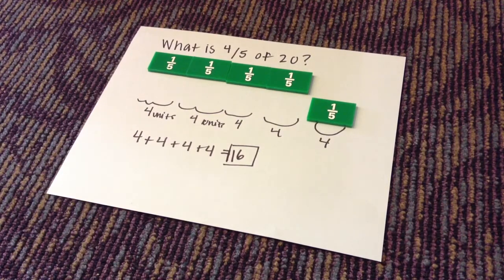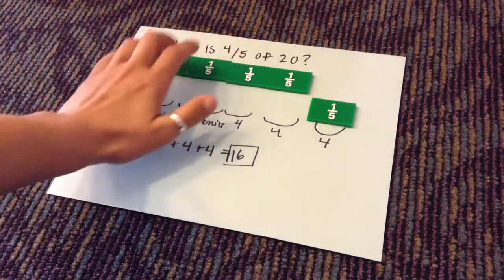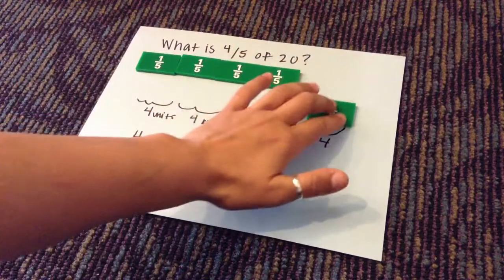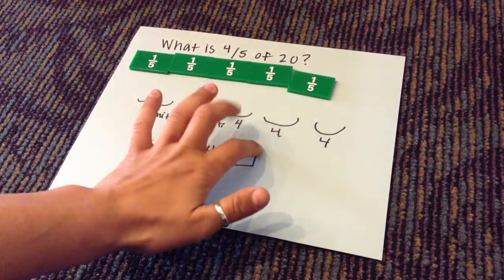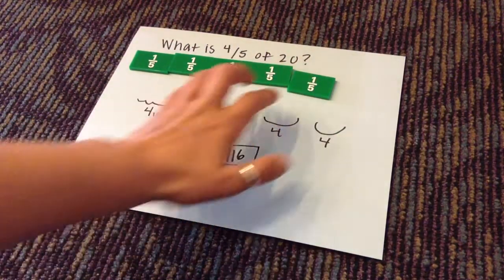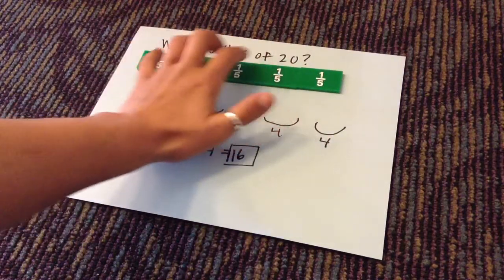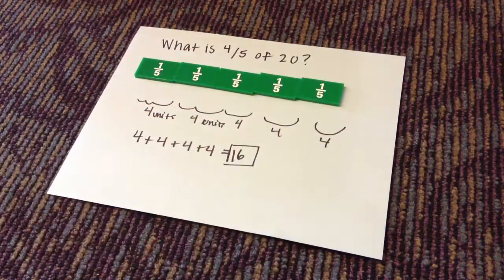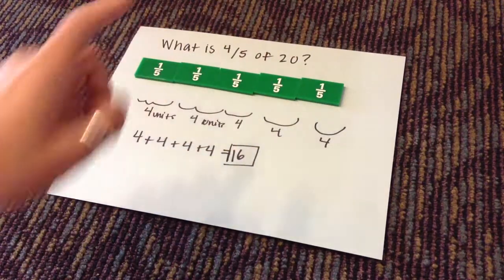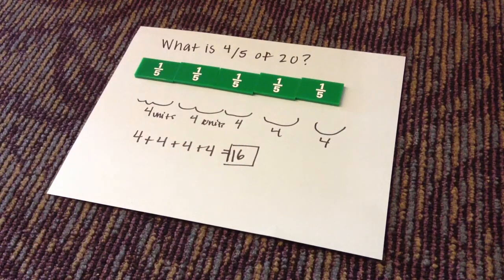So if you did 4/5 of 25, it would work, because it would be broken into 5 equal parts. But if you did 4/5 of 23, you're not going to have equal-sized units to show. So just make sure you have your equal units and that you focus on the whole and what you're looking for and that everything is the same size.